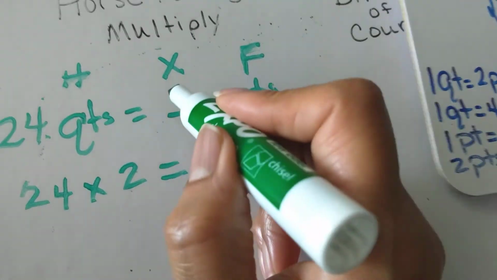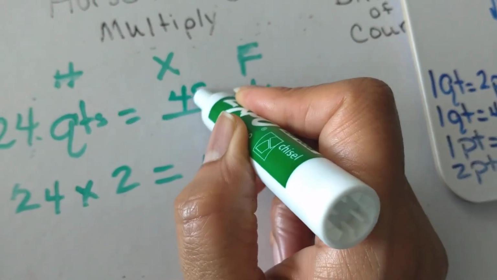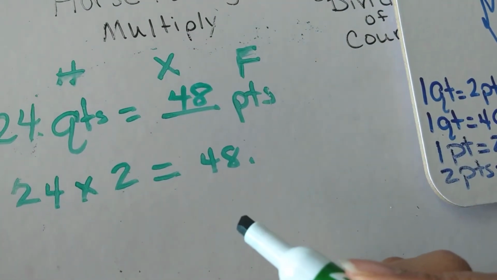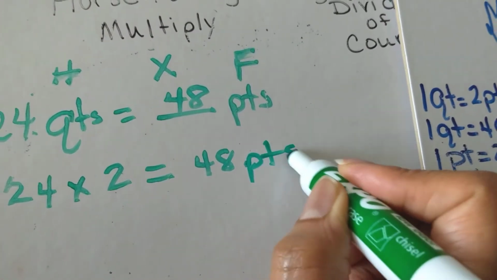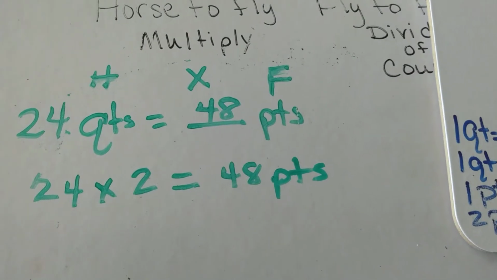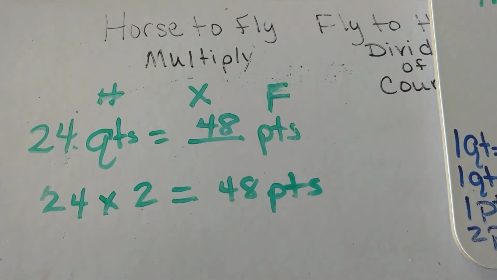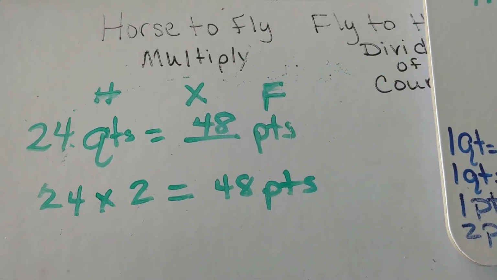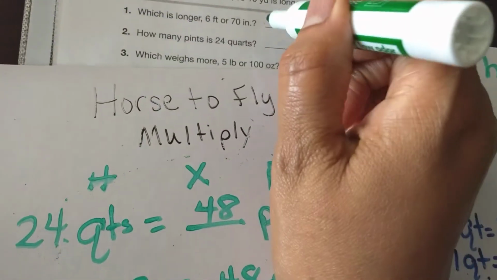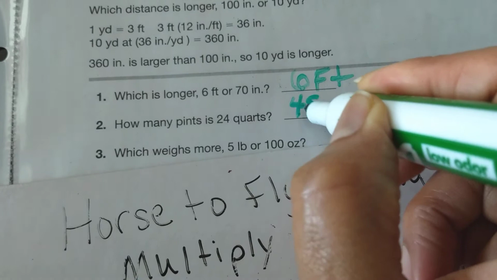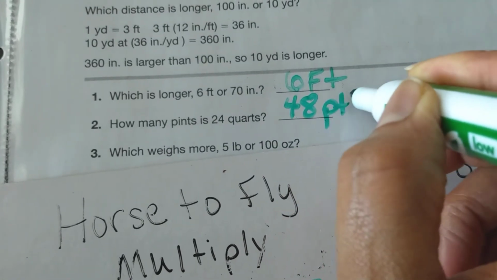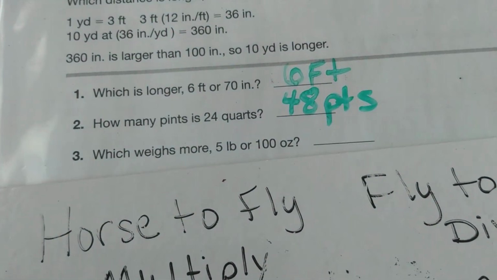So 24 quarts equals 48 pints. Okay? All right, so how many pints is 24 quarts? Of course, 48 pints.